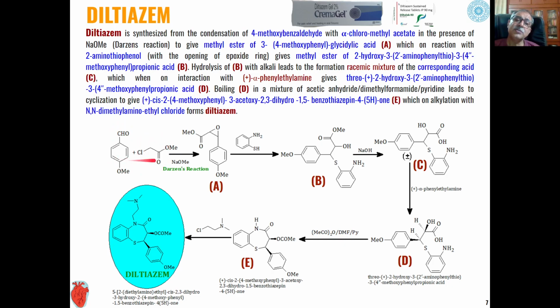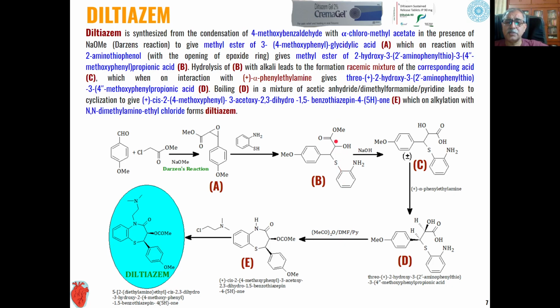When these two substrates are reacted under basic conditions, they are converted into epoxide esters through Darzens reaction. And these epoxide esters, when reacted with 2-aminothiophenol, with the opening of the epoxide ring, lead to the formation of methyl ester derivatives.